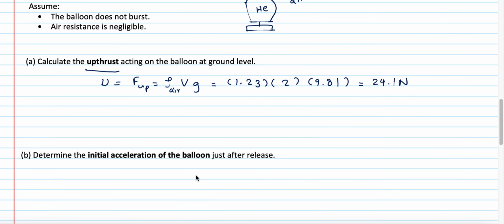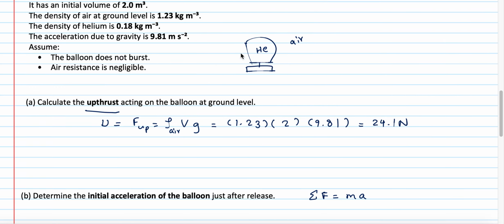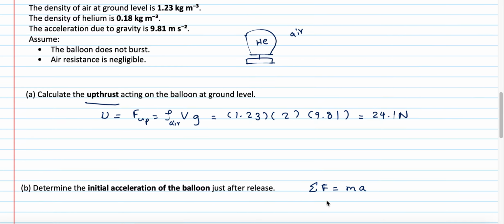Determine the initial acceleration of the balloon just after release. So to find the initial acceleration, we have Newton's second law, which is the net force is equal to ma. We know the mass of the balloon and the mass of helium inside the balloon. We need to find the net force.